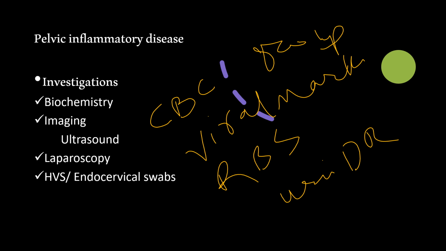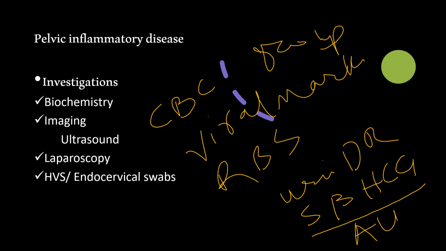That is TLC, ESR, and C-reactive protein, right? And certain investigations should be advised in such patients. For example, serum beta HCG, as patients usually present in the reproductive age group and usually present with abnormal uterine bleeding. So first of all, pregnancy and pregnancy related complications should be excluded.